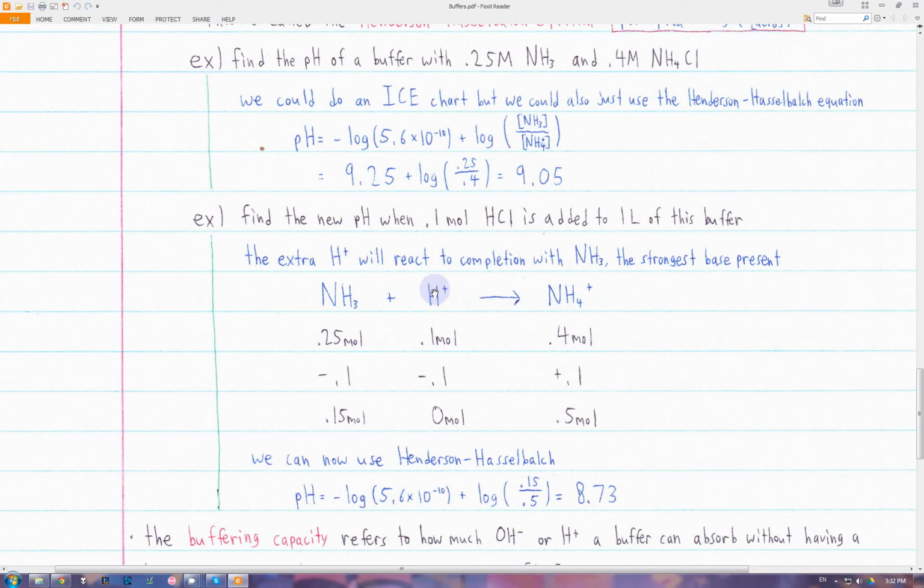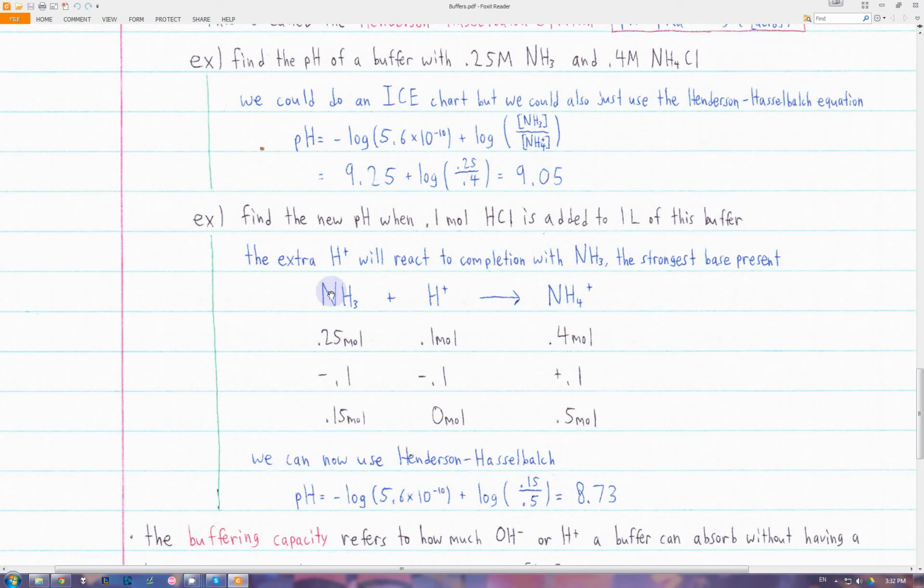And this reaction will go to completion, hence the single arrow instead of the double arrow. So remember, this is just a stoichiometry problem, so we use moles instead of molarity. So you have to convert between the two. And here it's 1 liter, so the moles and molarity will be the same.